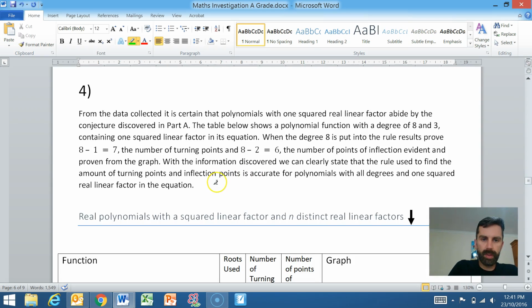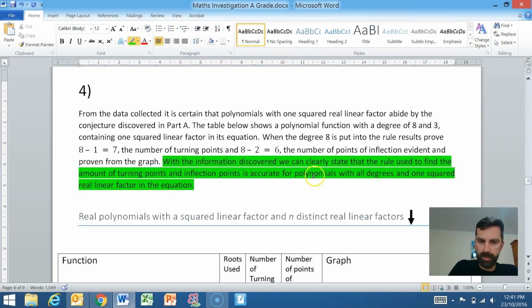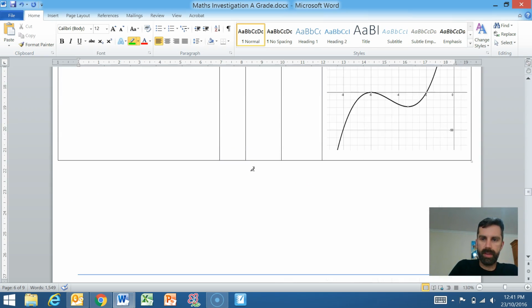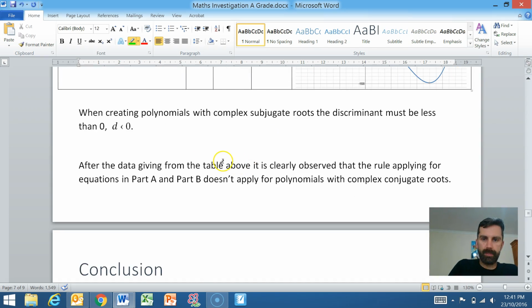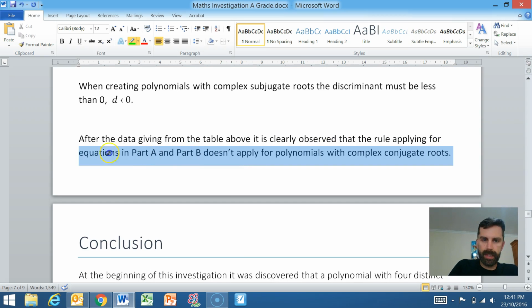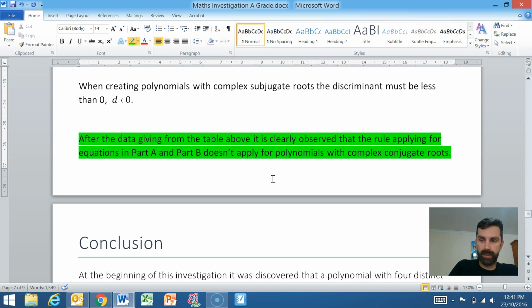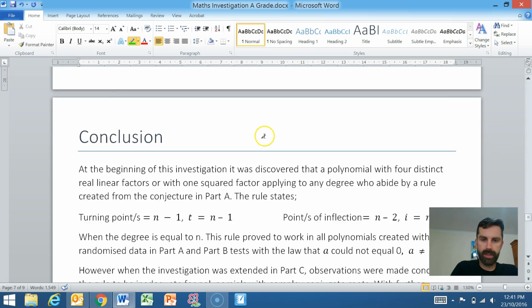And they've said something about the reasonableness of the conjecture, so it's accurate for more polynomials than what they just started with. They looked at some more, they looked at some more. And they have stated here that the original conjecture doesn't apply, so they're coming up with limitations again.